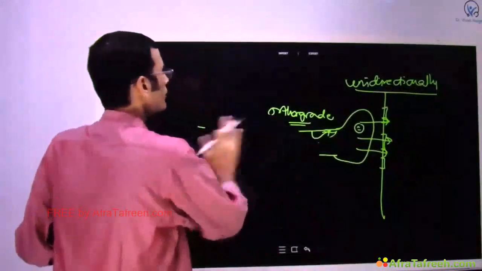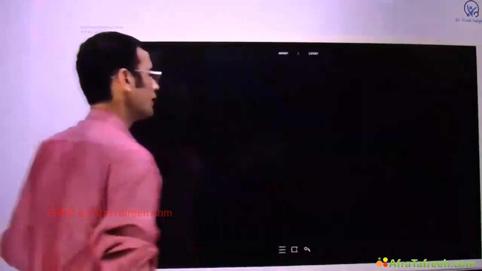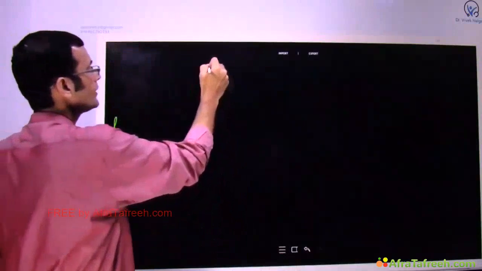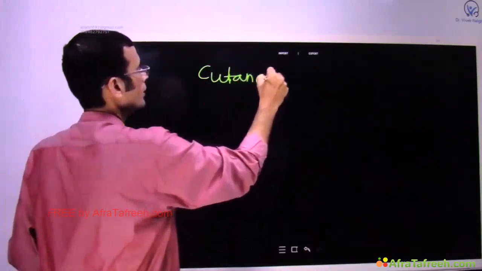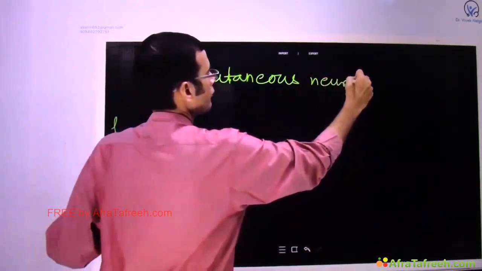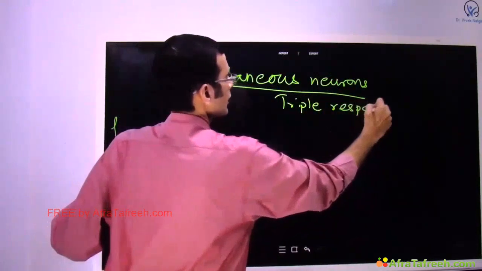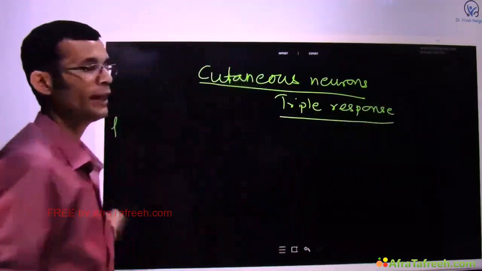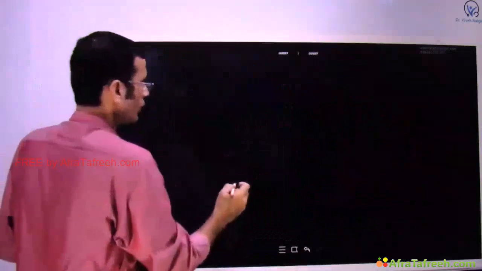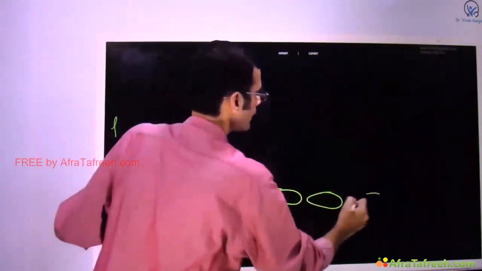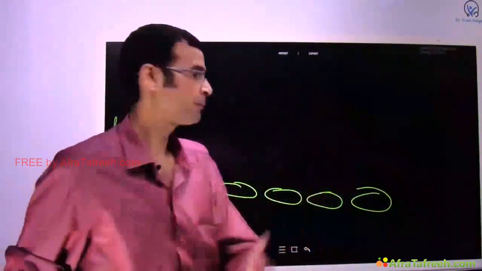And the fourth term was antidromic conduction. Where do you see antidromic conduction or retrograde conduction? Antidromic conduction is seen, one example is cutaneous neurons, in the case of triple response. Cutaneous neurons, in the case of triple response, you see antidromic conduction. Let's see how. What is a triple response? When you stimulate an area of the skin firmly, the skin has been stroked.